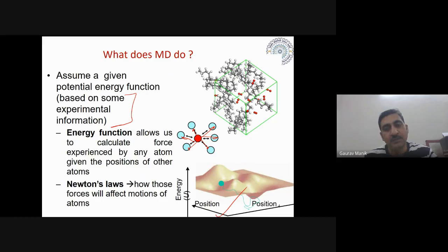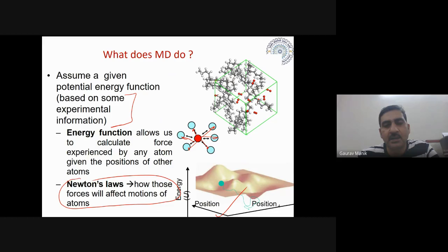When we talk about forces, Newton's laws of motion, which affect the motion of atoms, are also employed in this case. The simple Newton's law, F equals ma: the force acting on any body is proportional to the acceleration that it gets.